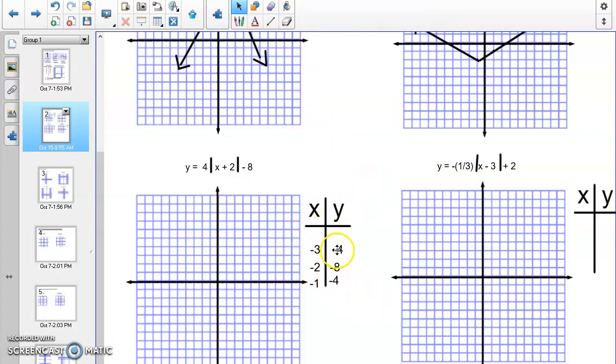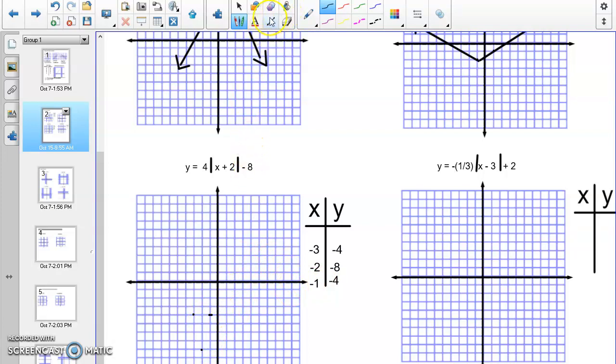So my graph comes from here. So I'm going to plot negative 3, negative 4. 1, 2, 3, 4. I'm going to plot negative 2, negative 8. Negative 2, 1, 2, 3. Negative 8, and then negative 1, negative 4 is right here.